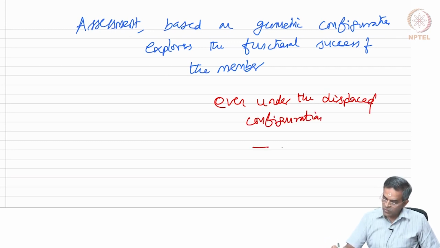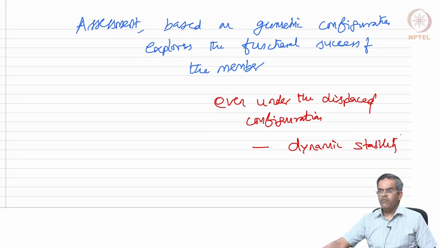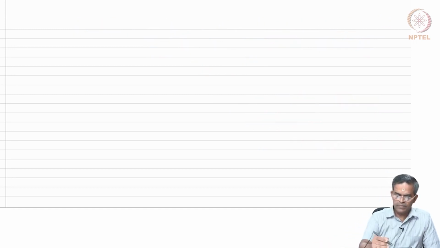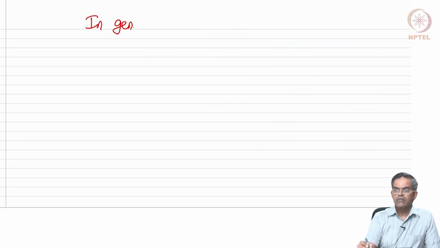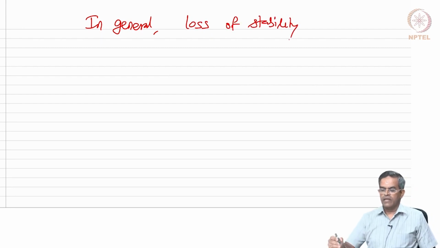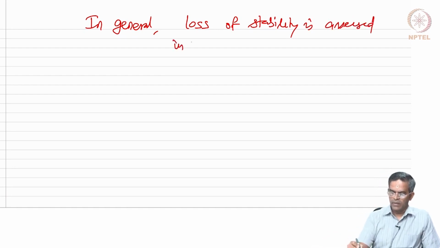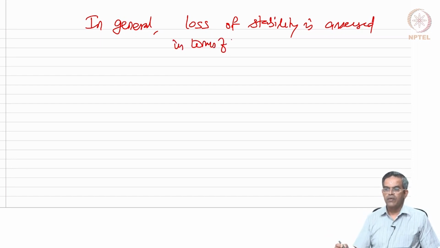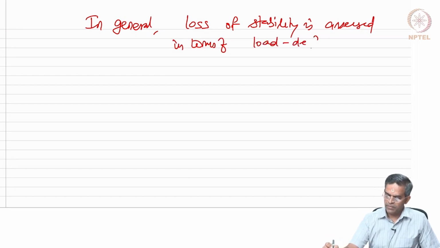This is what we say as dynamic stability. Therefore, friends, in general, loss of stability is assessed in terms of load deformation relationship.